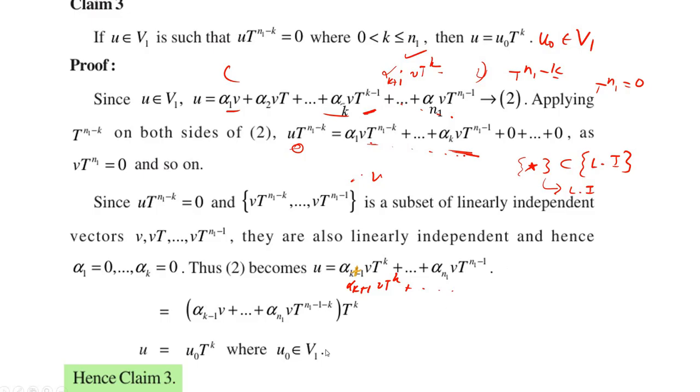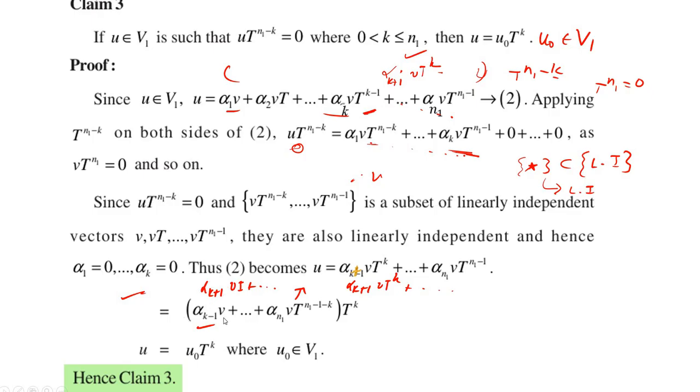So when you consider t power k, when you take that out, what we have is alpha k plus 1 v, in fact vi, plus and so on, the rest you have as such, t power k.